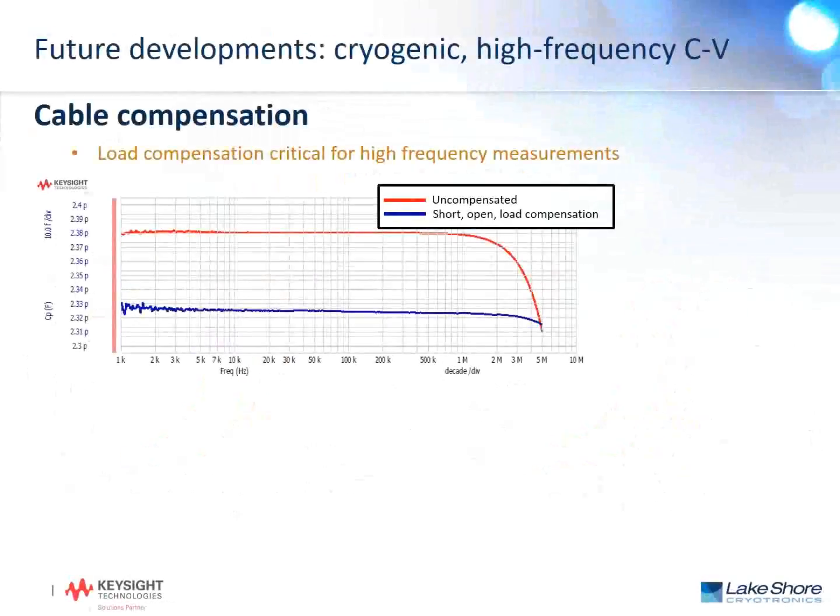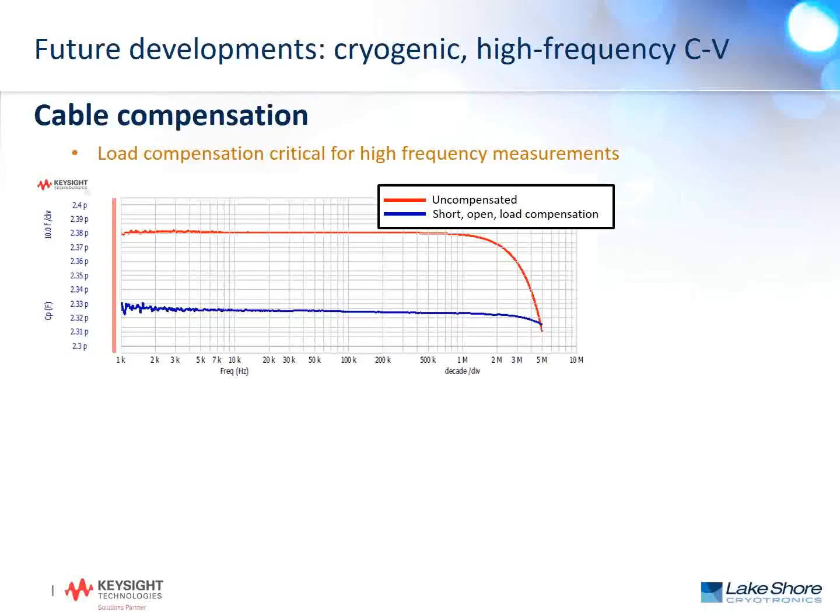Now, one of the directions that those are going to take us is to higher frequencies. And so a future development for our cryogenic CV measurements is moving to higher and higher frequencies. Now, if you're familiar with CV measurements, load compensation is critical for reducing the error in the high frequency measurement, as shown by the graph there.